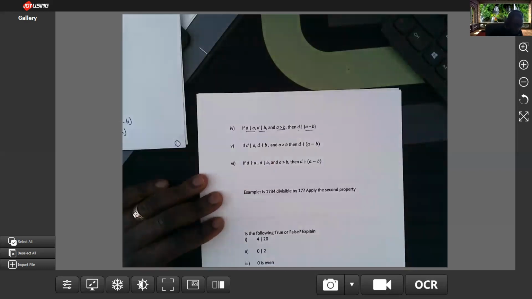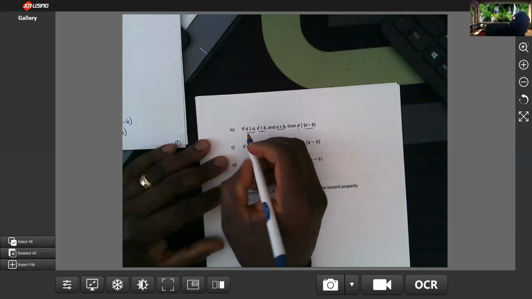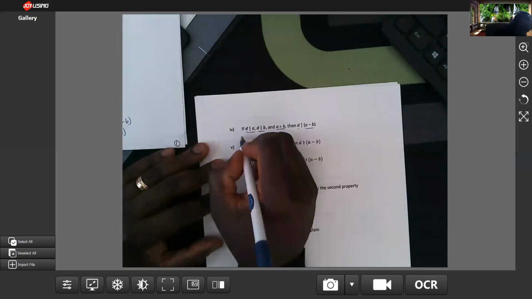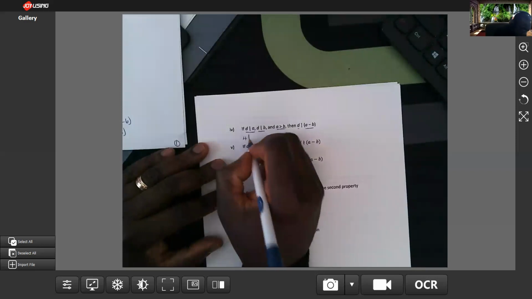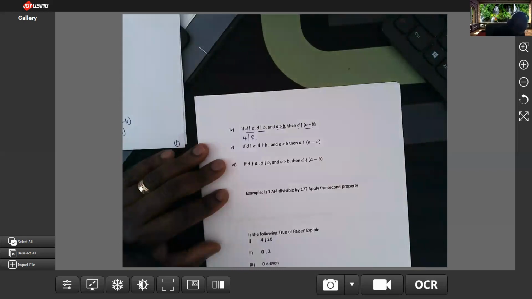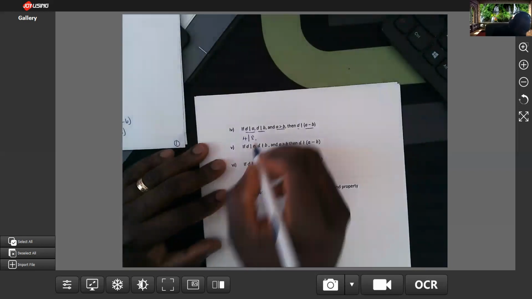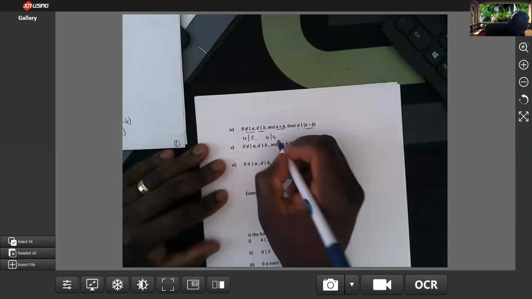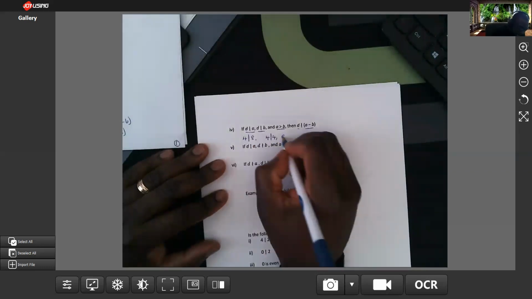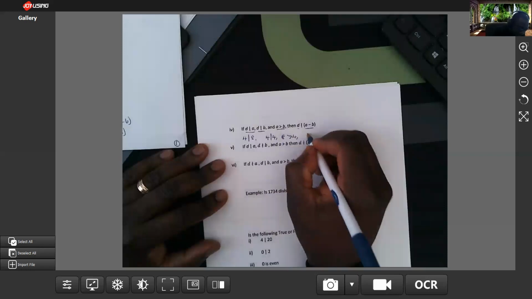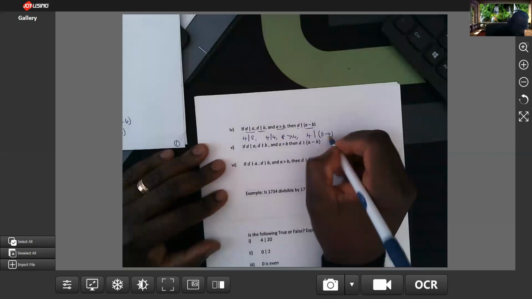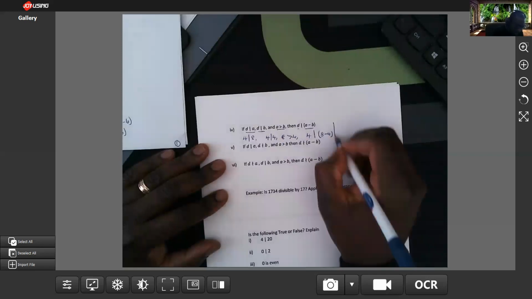So for example, let's use a 4. 4 divides 8, and we know that 4 also divides 4. Notice that here 8 is greater than 4, therefore 4 will divide 8 minus 4.